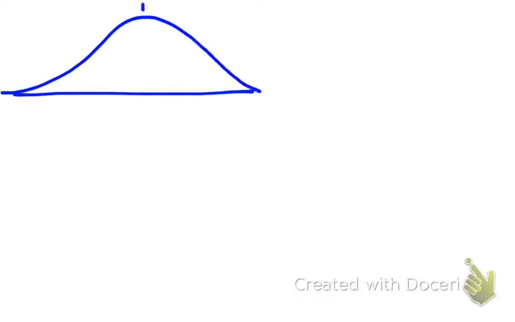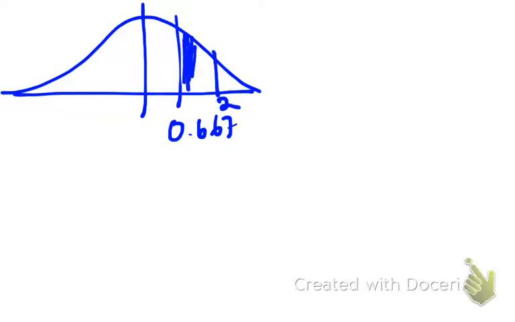Okay, so let's think about what we'd get from the tables. We know that it's symmetric, so we can flip this around and say that if I go from positive 0.667 up to the value of 2 and look at that area between the positive values, that should be the same size area as the negative values I was looking at before. The difference is just that one's below the mean, the other's above the mean, but the values are exactly the same.